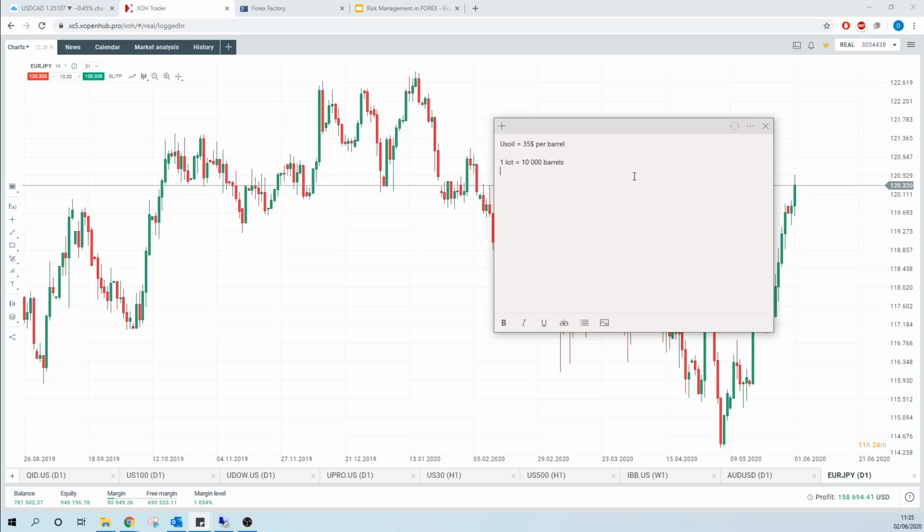So it means that for someone to invest in the oil market, in order to take 10,000 barrels of oil, they simply need to have $350,000. So $35 is simply the price which you need to pay per barrel, to get in a normal situation 10,000 barrels of oil in the market.